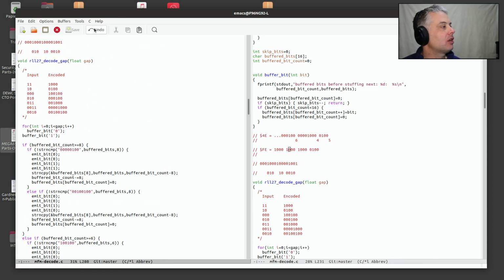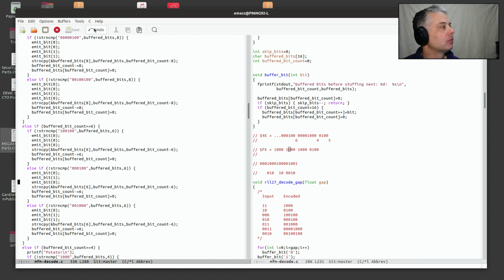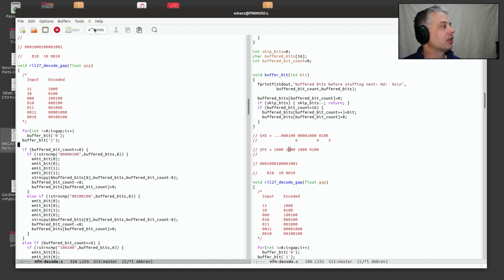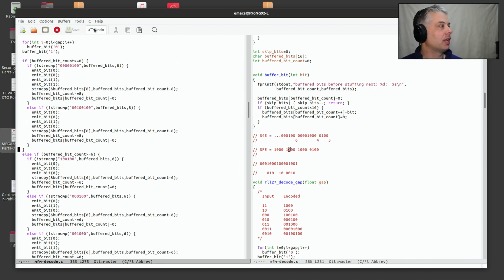So when we decode the gap, so we add the gap, right, okay, yes. Here's the rub.